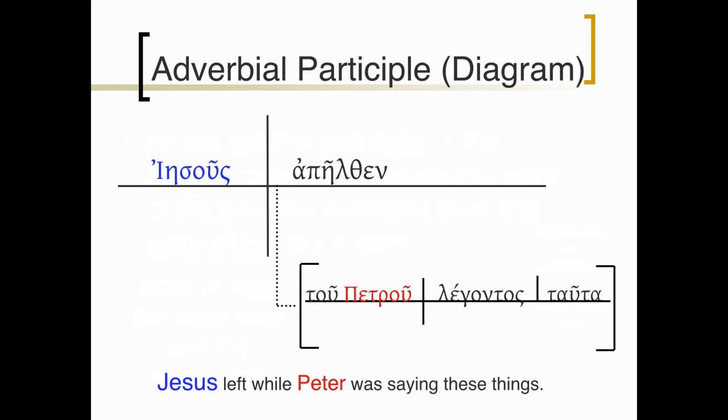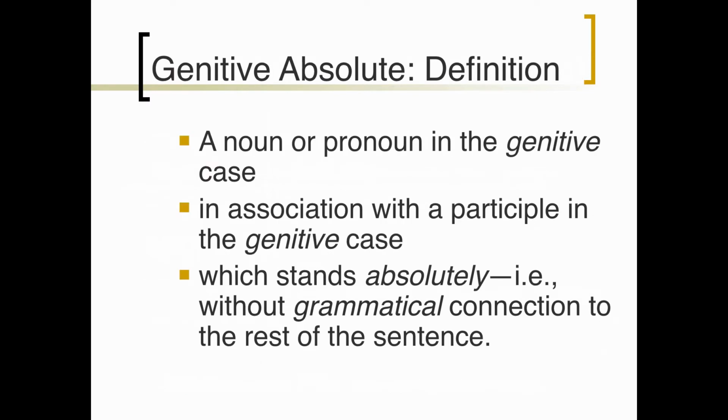When you think about a genitive absolute, the definition is that the noun or the pronoun is going to be in the genitive case, in association with a participle that's in the genitive case as well. We say that it's a genitive absolute because it stands absolutely.